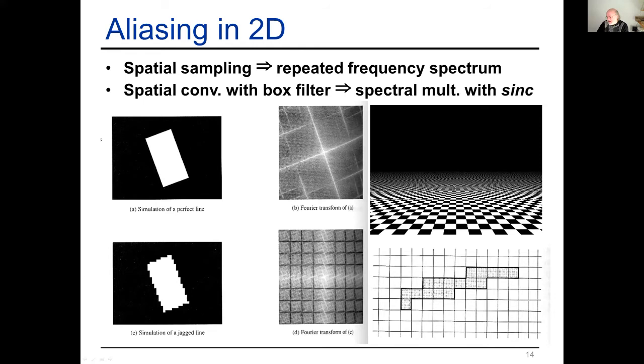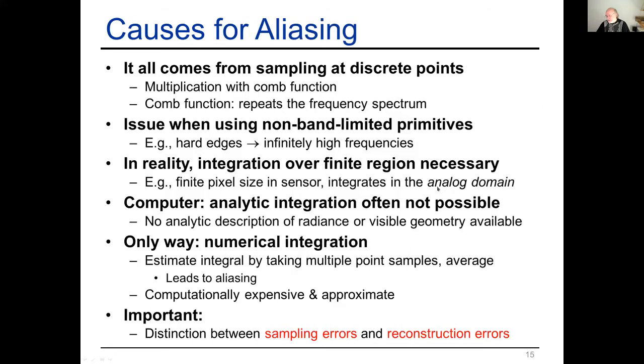Until you come into those regions where the frequencies of our sampling become roughly the frequency, we're approaching the Nyquist limit. And then specifically here in the back, you see these very low frequency, long black and white stripes, which is essentially what we would expect. We're seeing some of the high frequencies that are in our signal, this high frequency black and white pattern, showing up as low frequencies in the result. Right? That's exactly what we're expecting. And so these are ways we can visualize the spatial aliasing.